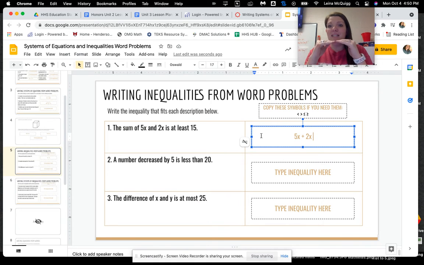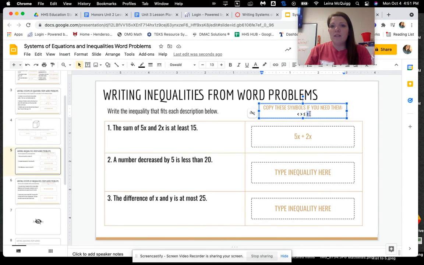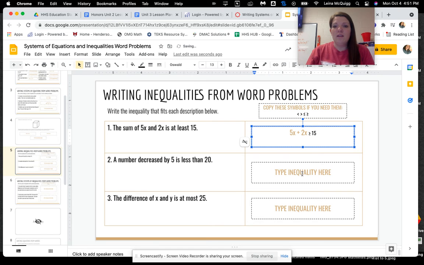So at least means that's the smallest that it can actually be. 15 is the smallest it can actually be. So it's going to be greater than. Can it be 15? Does this say anything about it not being 15? So that means it can be equal to. So we're going to say that the sum is greater than or equal to, so I can Control C, and then I can come back in here and do Control V, and then we'll paste it there. And that's going to be at least 15.